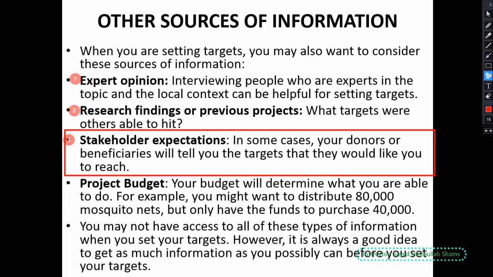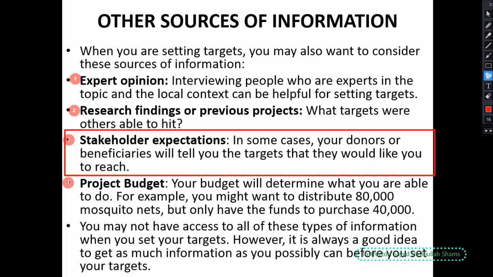The next factor that is very important and you must consider is the project budget. The project budget plays a significant role. For example, you would like to distribute 80,000 mosquito nets, so we have a plan, but we have budget for 40,000.